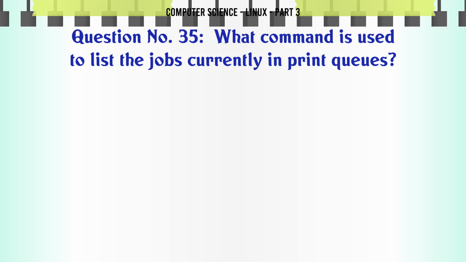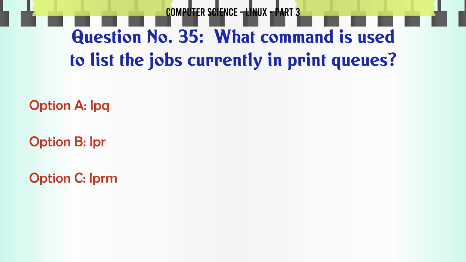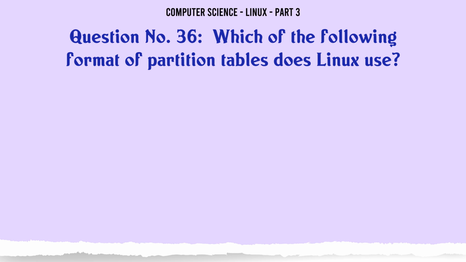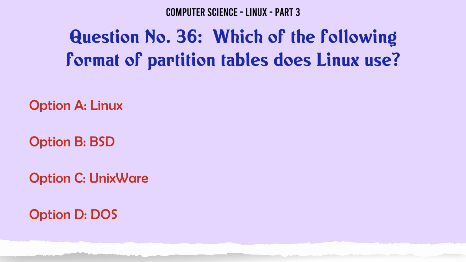What command is used to list the jobs currently in print queues? A. lpq. B. lpr. C. lprm. D. lpc. The correct answer is lpq. Which of the following formats of partition tables does Linux use? A. Linux. B. BSD.